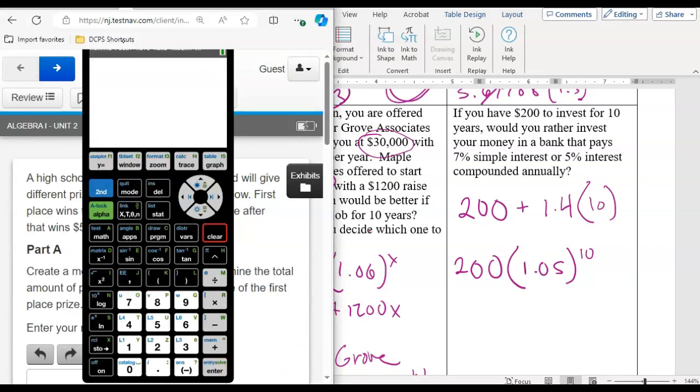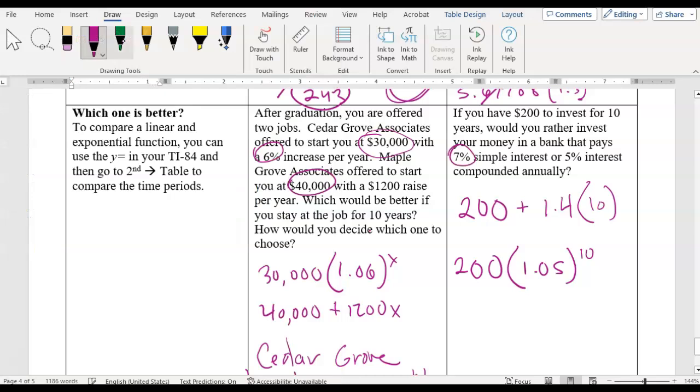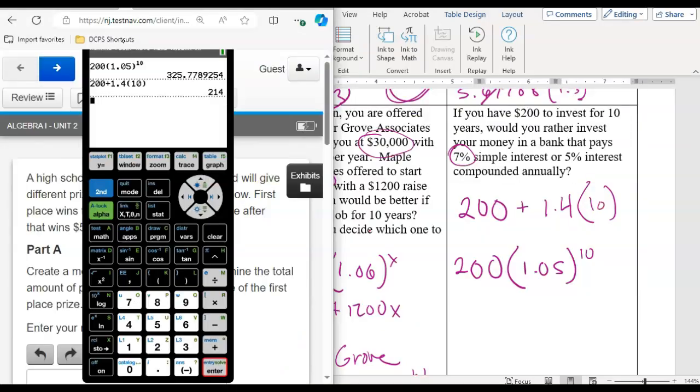So you can go ahead and calculate these times 1.05 to the power of 10. We'd make 325, or 200 plus 1.4 times 10, which you might recognize is only $14, right? So 214. So if we're going to be doing that 7% simple interest, meaning just a straight up 7% of 200, then let me just look at something real quick.